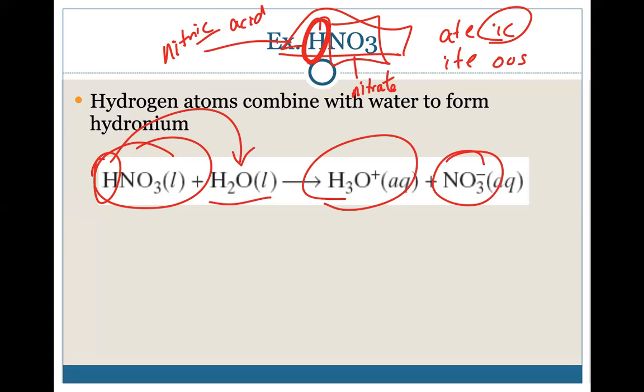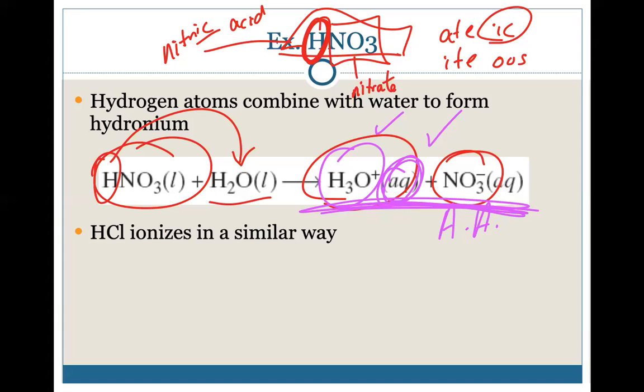So Arrhenius, aqueous, check. Hydronium or hydrogen ion, check. It is an Arrhenius acid. So again, you have to look at the product side to see what had happened in order to apply your definitions of acids and bases.